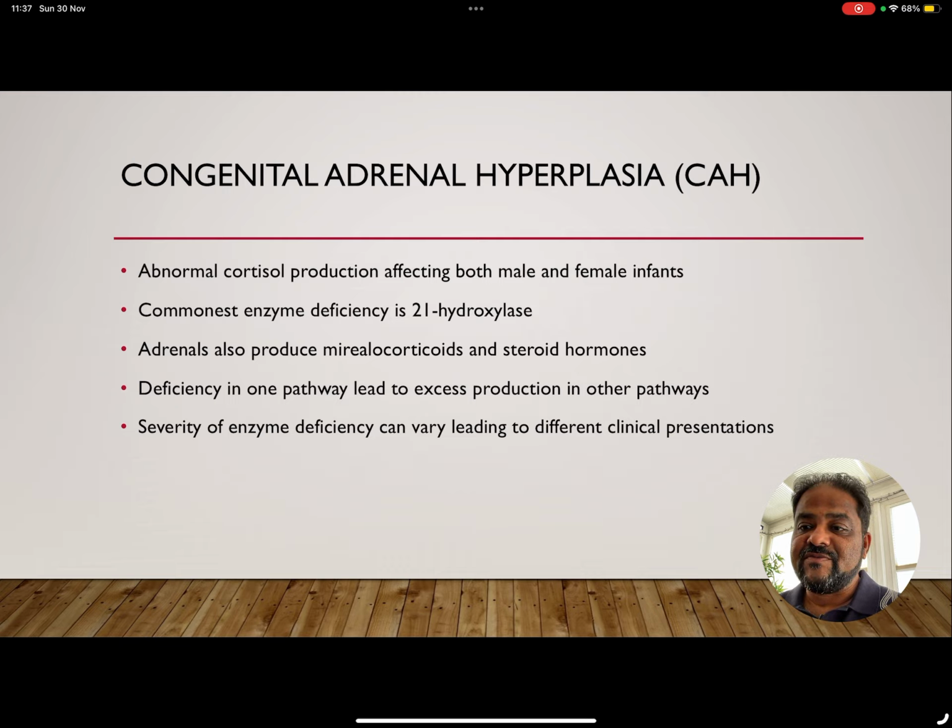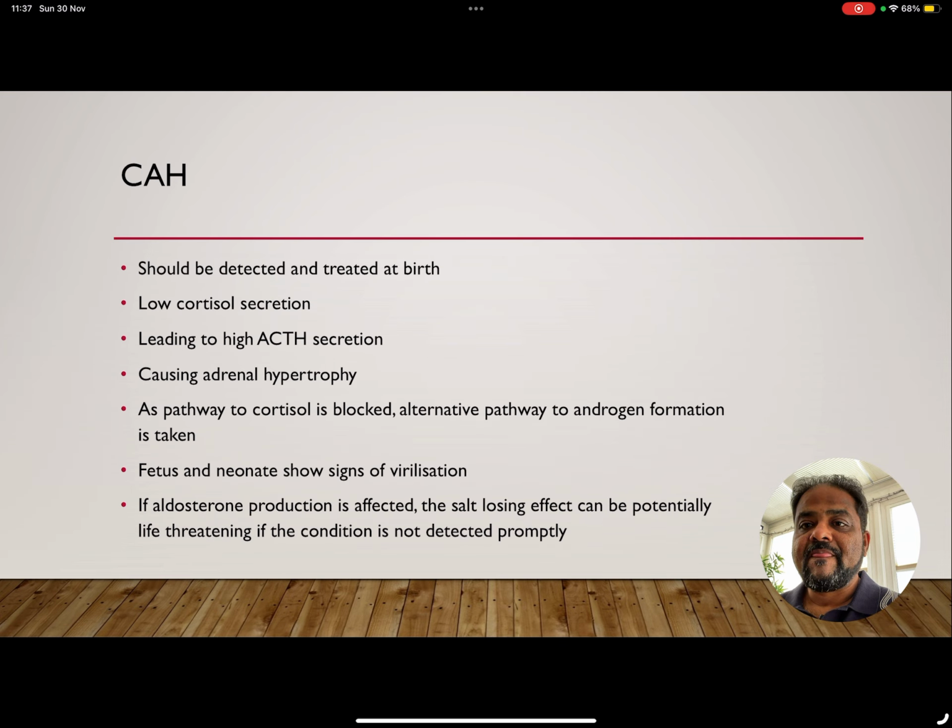The severity of the enzyme deficiency can vary, leading to different clinical presentations. It should be detected and treated at birth because low cortisol secretion leads to the pituitary producing a very high amount of ACTH, and that leads to adrenal hypertrophy.